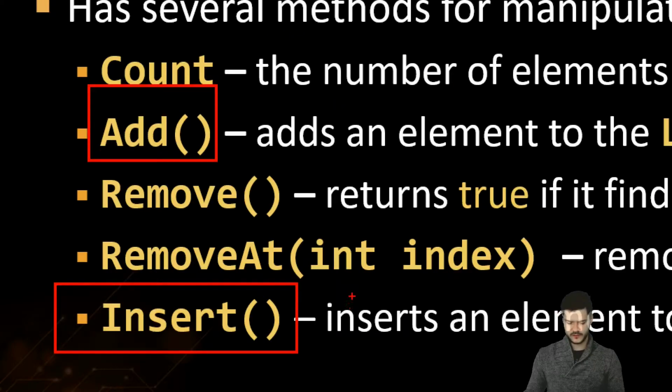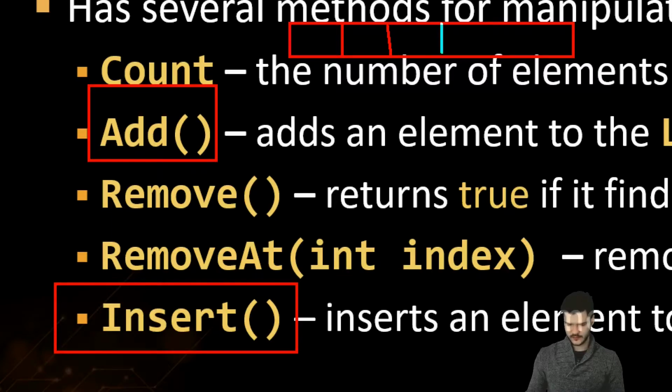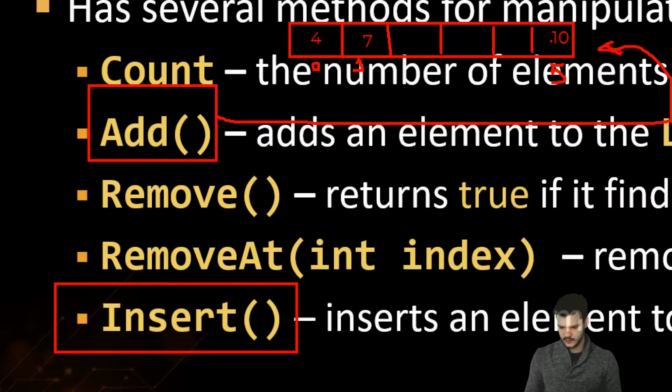If we have, for example, one array list, and here are the indexes 0, 1, 2, 3, 4, 5, and all of those hold some values, 4, 7, and so on. Here we have 10. If we use add, it will create one more cell and add to the end of the list.